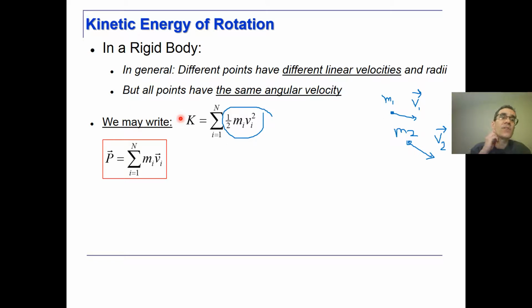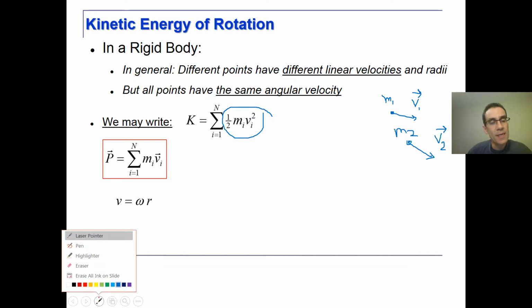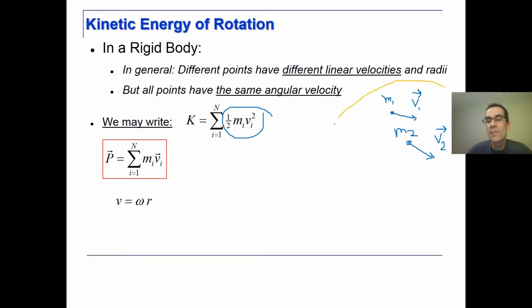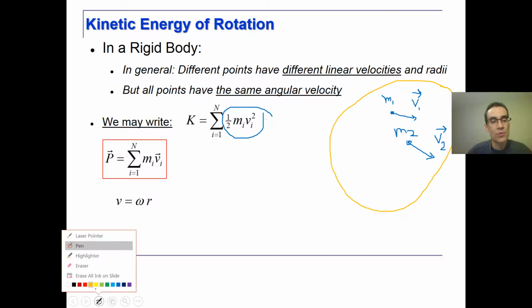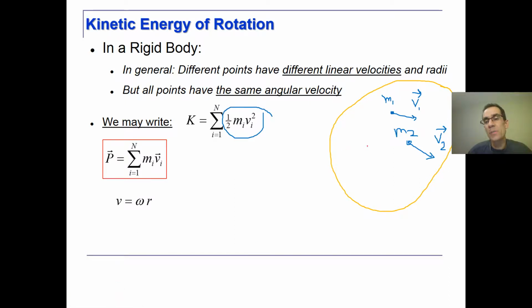And I can think of the rigid body as being a collection of many, many particles, right? So, check this out. What am I trying to do here? I'm trying to represent my rigid body. Imagine that my rigid body is a body that has many particles. I just wrote m1 and m2 here, but let's put some more.